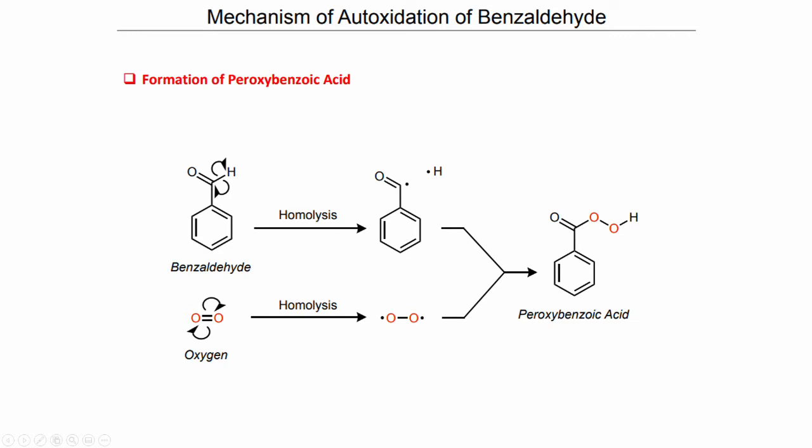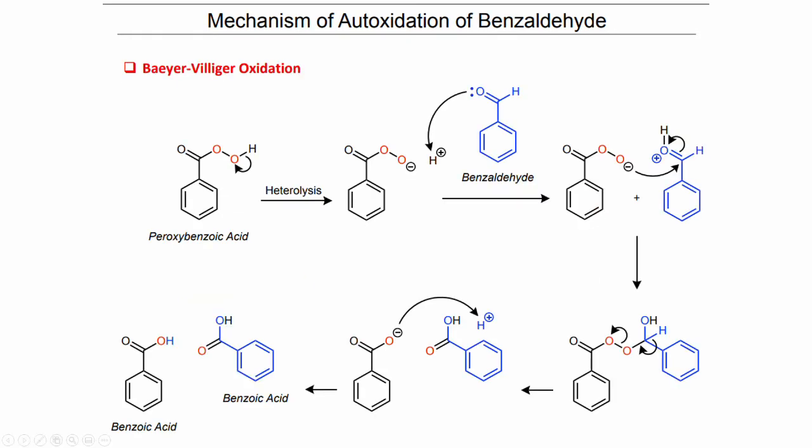The two can then react with each other, where the radicals will bind, so the oxygen to the carbon, oxygen to the hydrogen, to form peroxybenzoic acid. Once peroxybenzoic acid is formed, it can undergo heterolysis, where the hydrogen can be removed, leaving a negative charge on the oxygen.